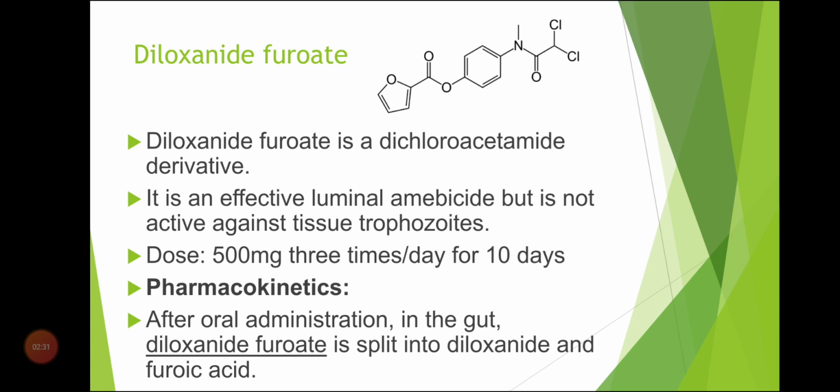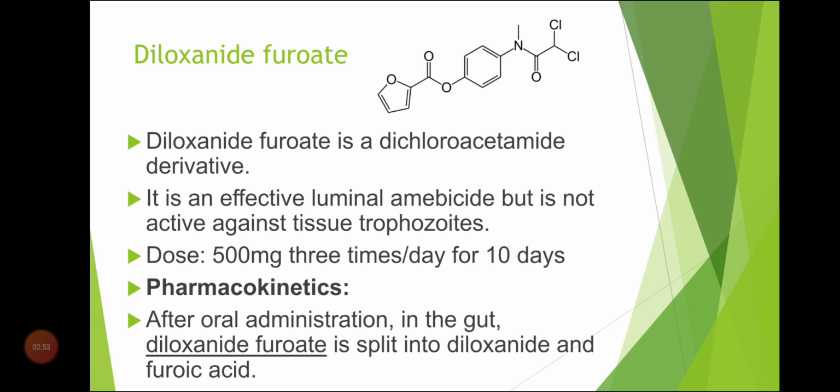We will find the answer to this question one by one by studying the drugs of each and every class of anti-amoebic agents. The first class is diloxanide furoate. Diloxanide is a dichloroacetamide derivative.